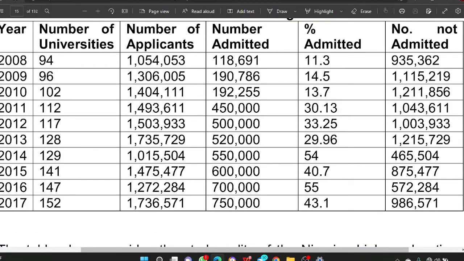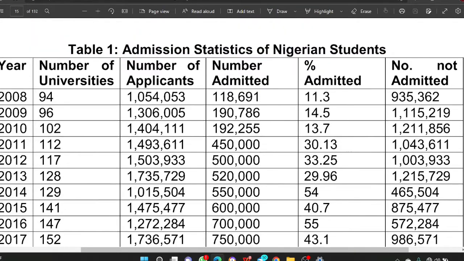As you can see, in the year 2000, we have the number of universities at 94. We have the number of applicants, about 1,054,300. Number admitted out of the million plus that applied, we have about 118,691. So the percentage admitted out of the total number of applicants is about 11%, very low.